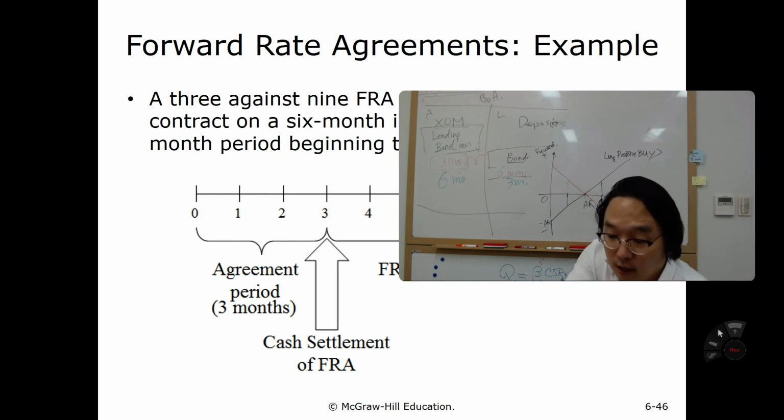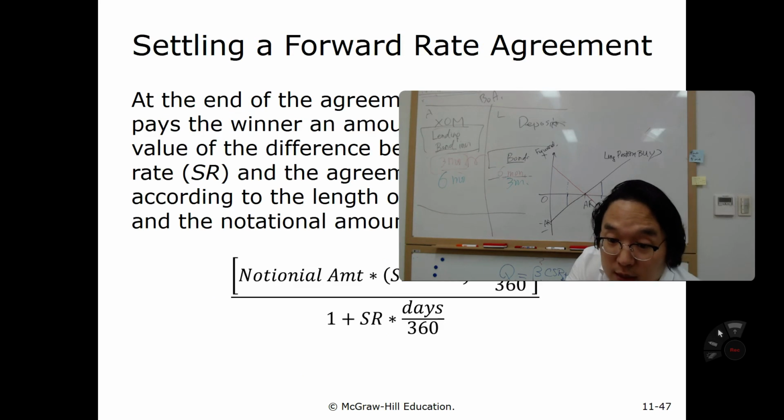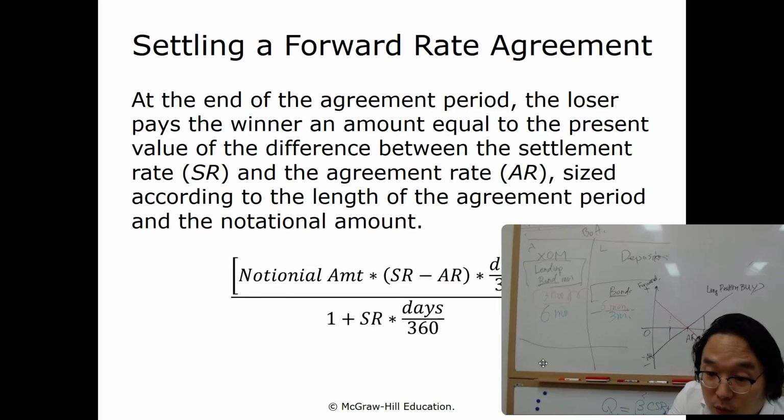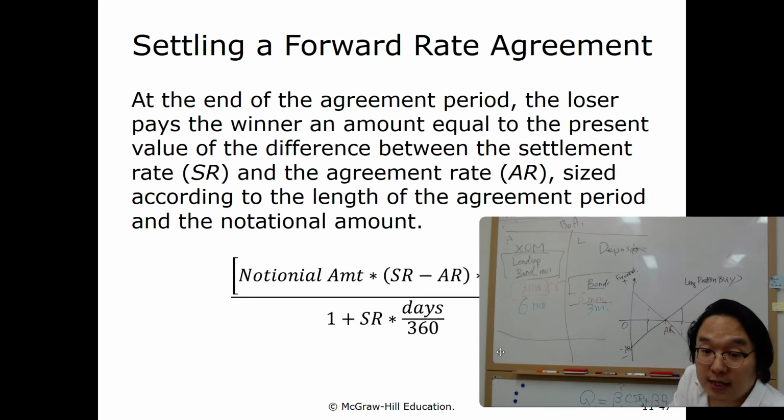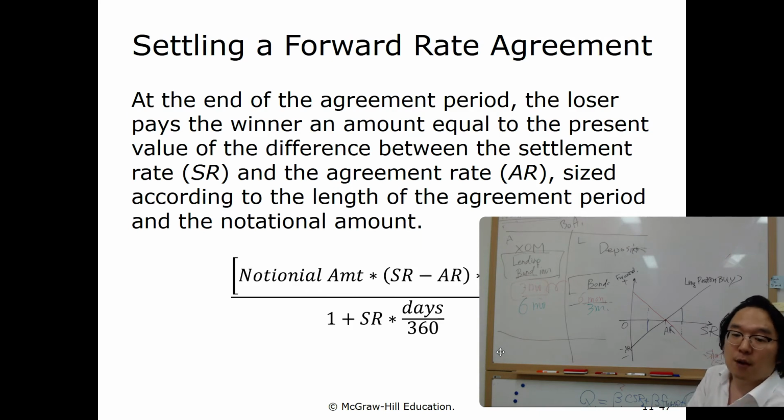Now let's go through a more conceptual argument over here, and then a numerical example will follow. At the end of the agreement period, the loser pays the winner an amount equal to the present value of the difference between the settlement rate and the agreement rate, sized according to the length of the agreement period and the notional amount.